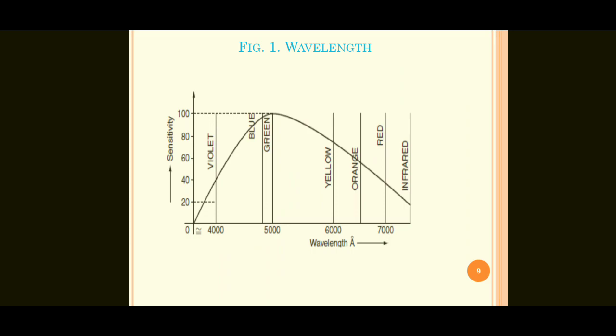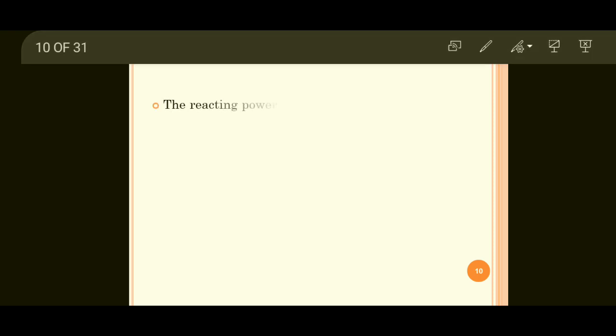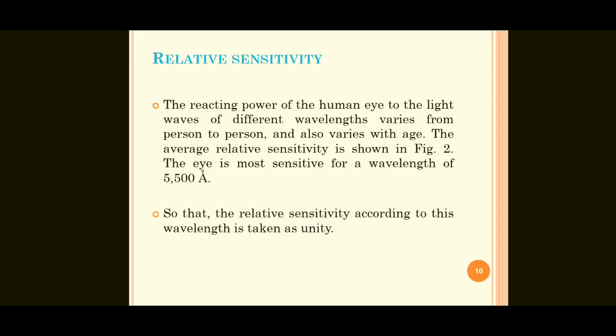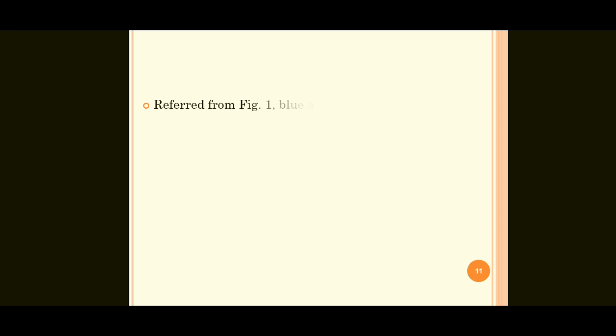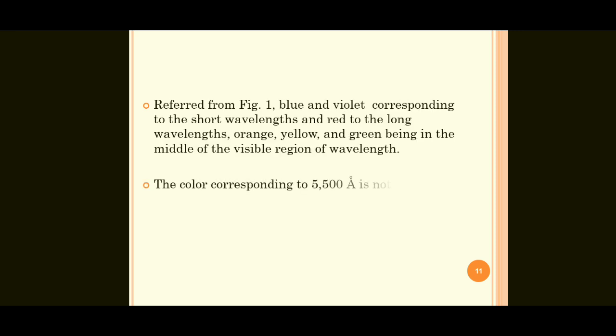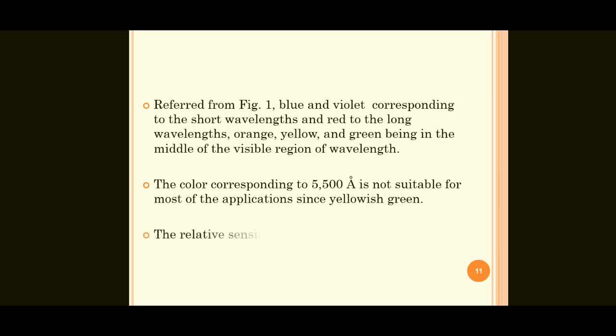So the colors are green and yellow, the combination 5000 to 6000 being greenish yellow color. So it is not suitable for most of the applications. From this figure 1, we can observe these points. The second point is that the color corresponding to 5500 angstrom units is not suitable for most of the applications since it is yellowish green. Already we have covered this in figure 1.